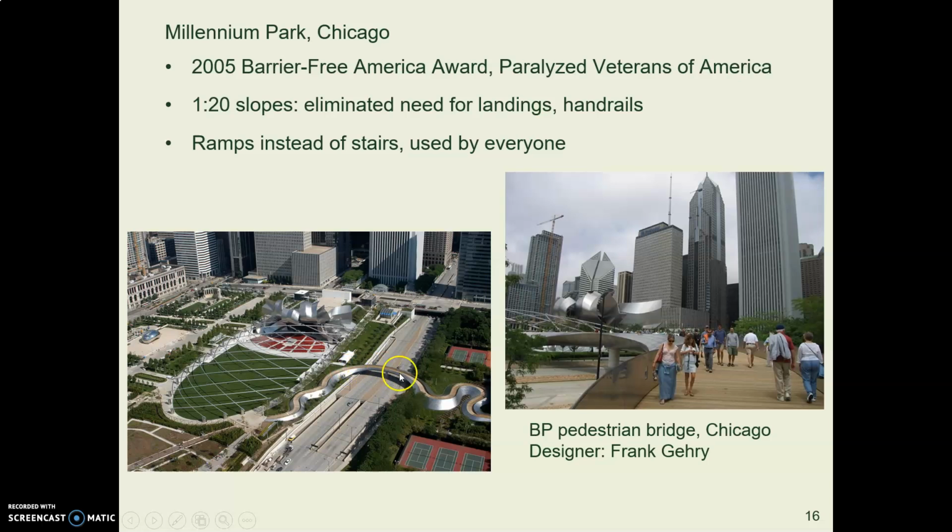And he made it squiggly and therefore flat, and therefore a 1 to 20 slope, a little less than that, so you don't need handrails. It's universally accessible by all people. He won some awards for this because everyone uses the same space universally. So I hope that in your future work you keep this in mind and you make spaces for everyone.